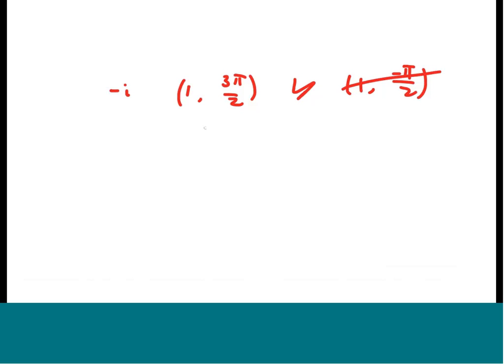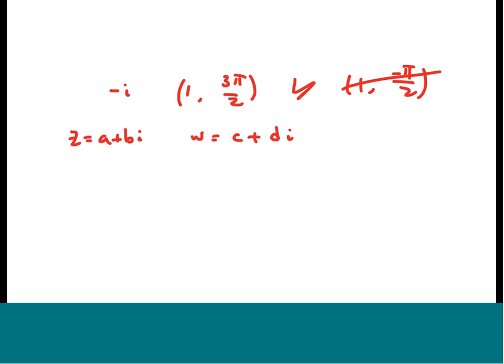All right. Anyway, the proof is pretty straightforward. We just say z equals a plus bi, w equals c plus di.